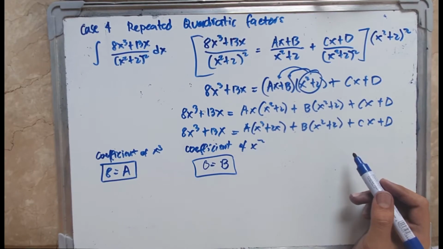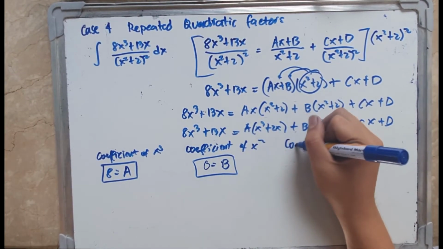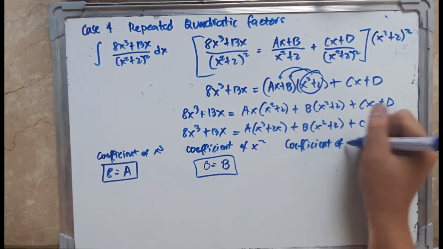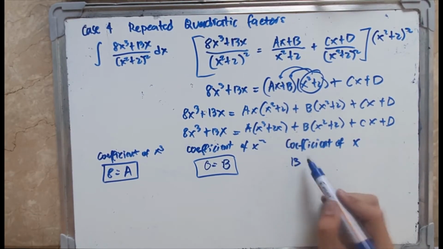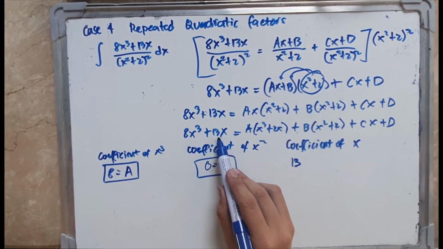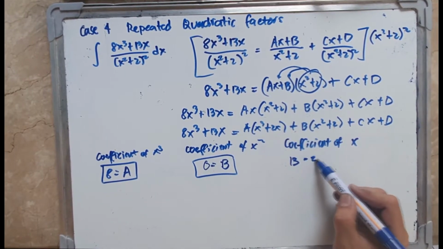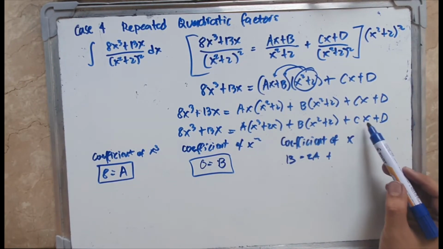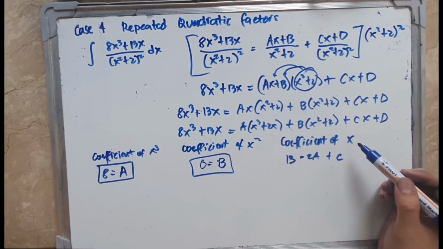Okay, and let's have the coefficients of x. On this side we have 13. This is equivalent to 2a plus c.